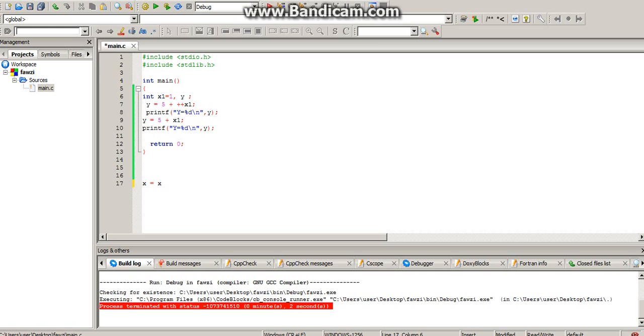Plus plus is equal to x plus 1. This one is a plus. Alright, so with minus, our x is going to be x minus 1.